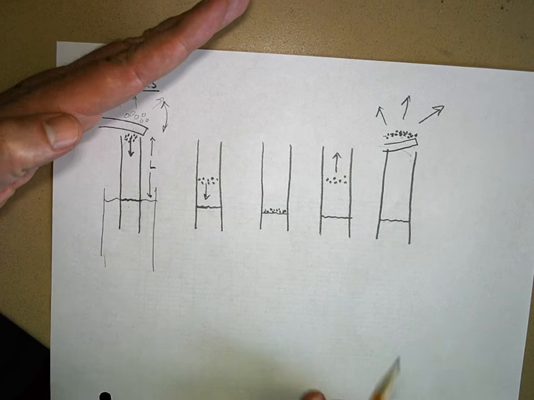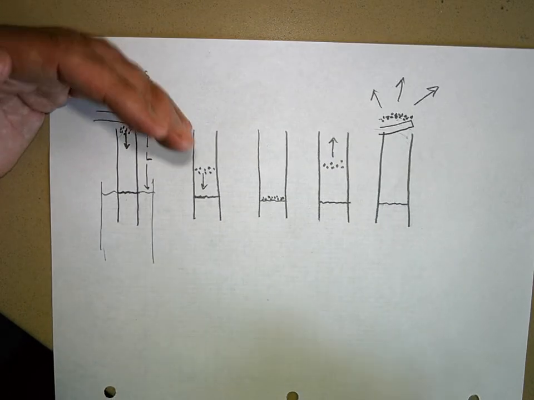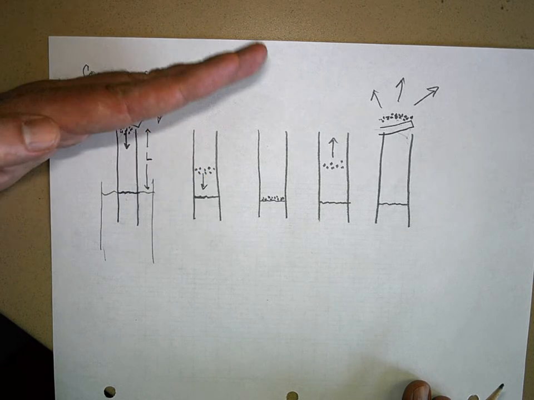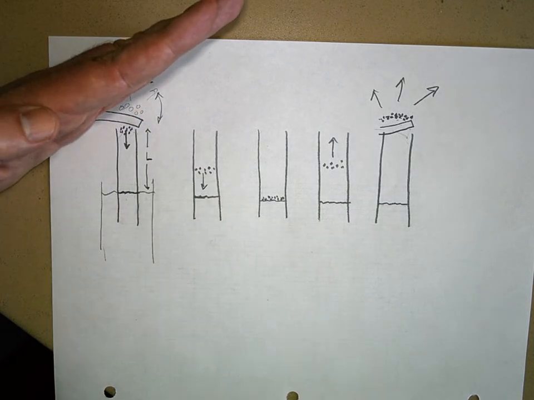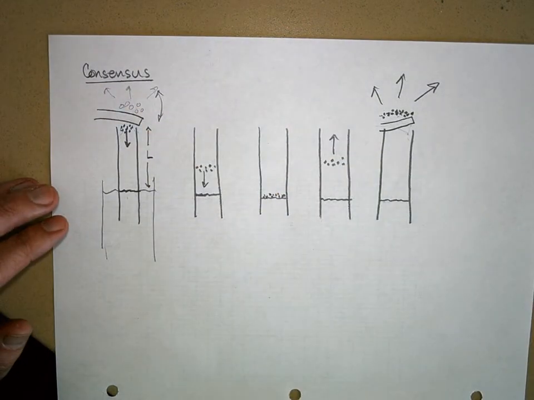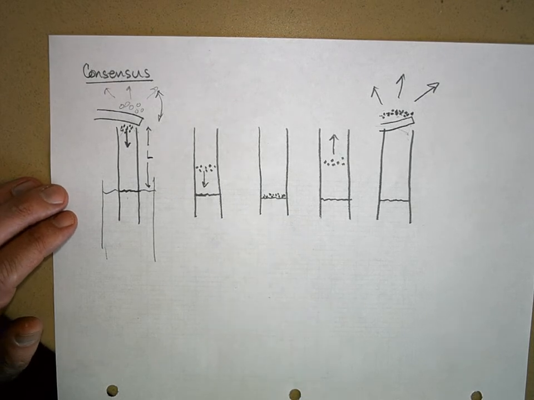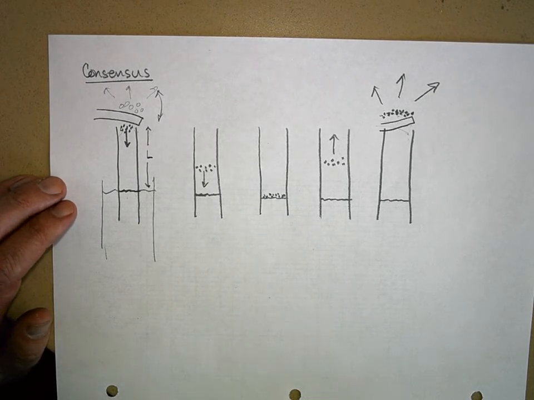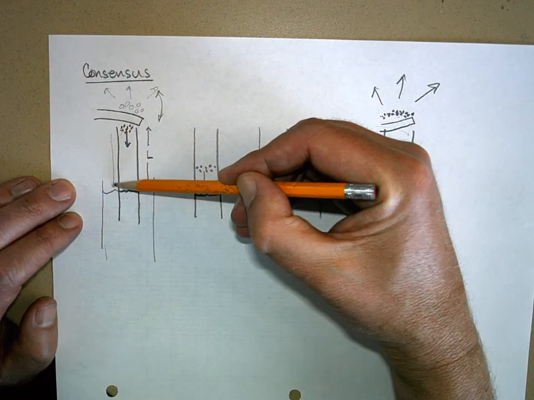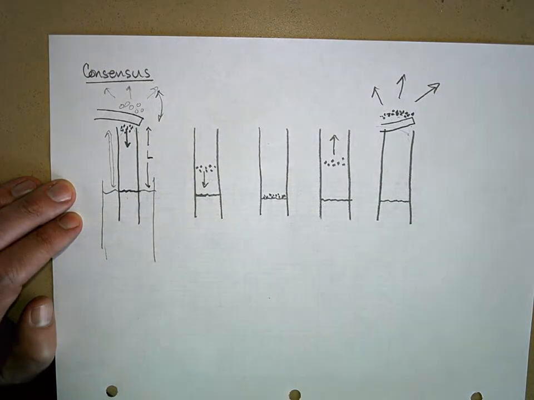Okay, now I'm going to give you a chain of logic, and you've got to follow the chain of logic. For the tuning fork to go through half of its cycle, that means this wave has enough time to travel half a wavelength of sound. Half a period means it traveled half a wavelength. So that means that this distance plus this distance equals half a wavelength.